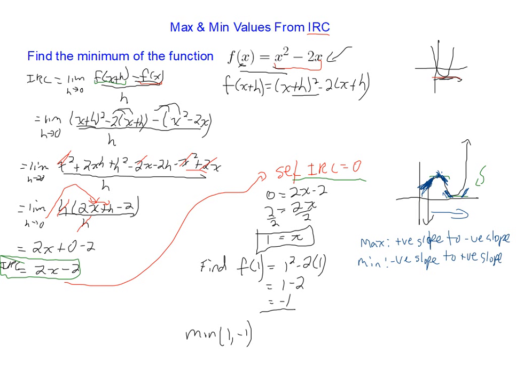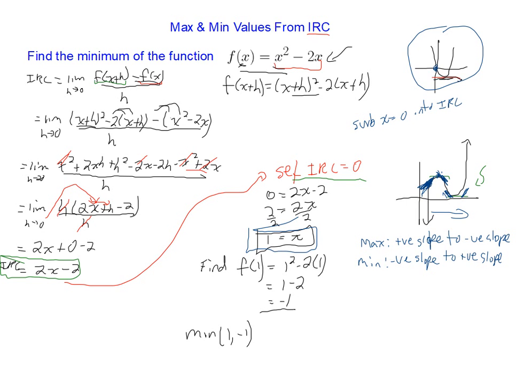And so if we were going to test, for example, if we took this function that we did up here, we know that it's a minimum. But if we weren't sure and we found this x value and we thought, oh, it's a maximum or a minimum, but we don't know which one, well, we could just choose a value that's less than x equals 1. So we could choose x equals 0, and substitute x equals 0 into the IRC.